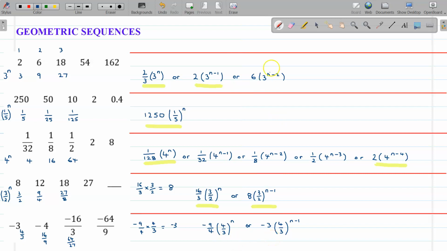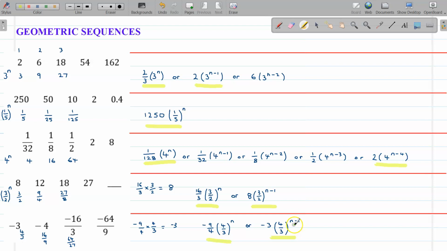Okay, so I hope that has clarified how to find the nth term rule for geometric sequences. So if I wanted to get the next term, I would use that rule to find it.